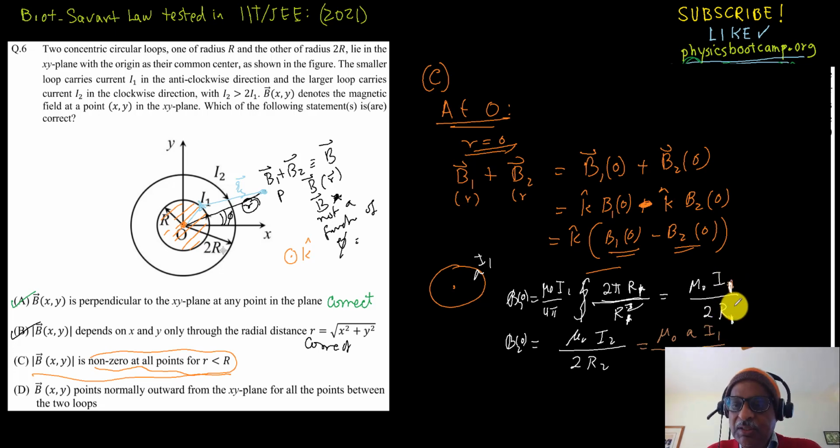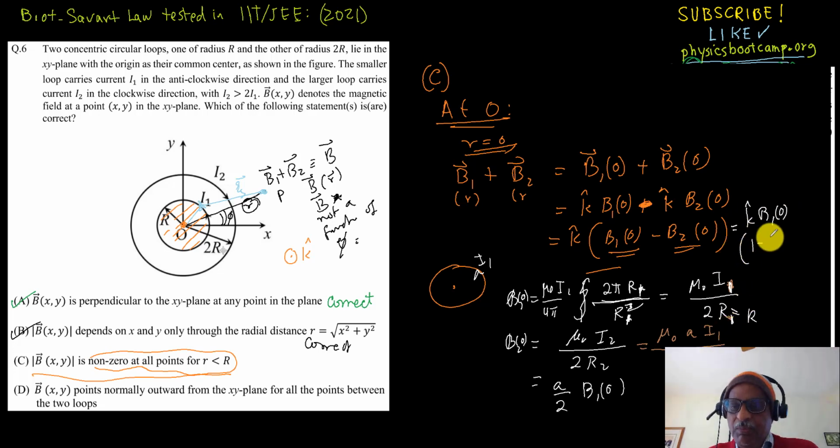Let's keep it like this. This will be r, but so if you write this in terms of that, this is going to be A over 2 B1 0. So now over here is k hat B1 0, and this is 1 minus A over 2.